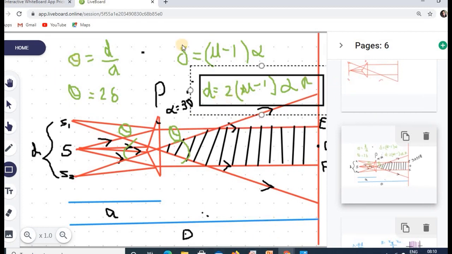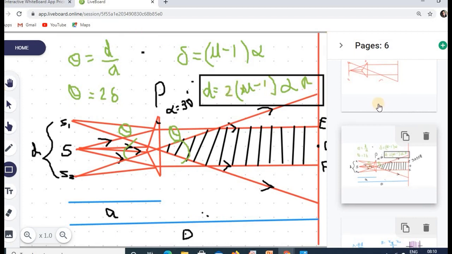That is, if we know the refractive index of the medium, the refracting angle of the biprism, and the distance between source and the biprism, the distance between the two coherent sources is obtained this way: d is equal to 2 into mu minus 1 into alpha into A. So you just note it down, put it in a square bracket. While dealing with the problems of this part, this equation is very important.